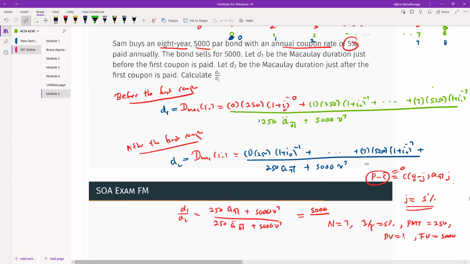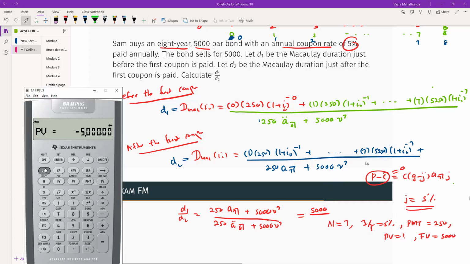So let's do the calculation. Here I have 250. Before that, I need to set this one to begin.